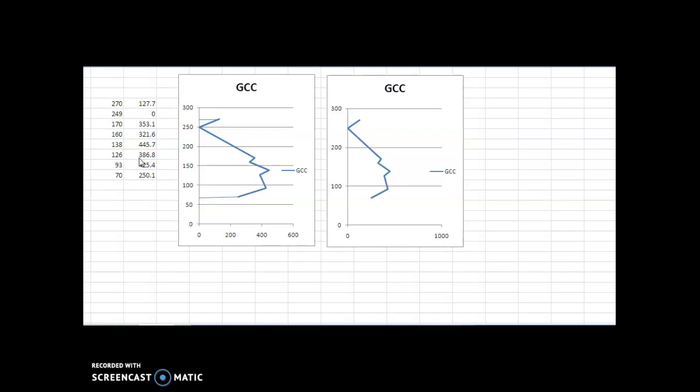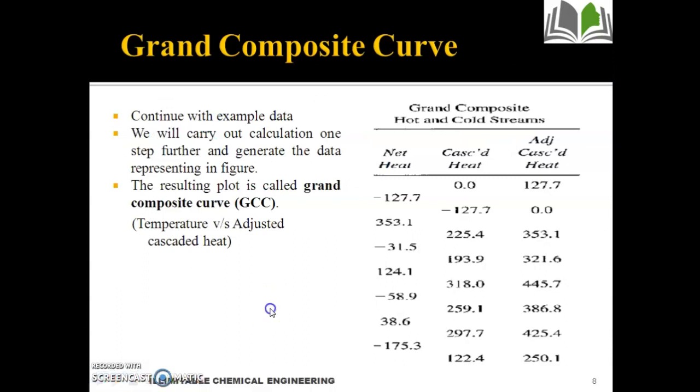So this is our GCC curve. We conclude here that we can find the hot utility requirements, the minimum energy requirements, from this graph. The GCC curve is the final curve that we can plot from the hot and cold composite curves. You can plot this graph manually and also in Excel.